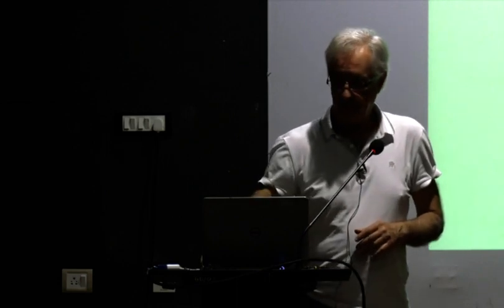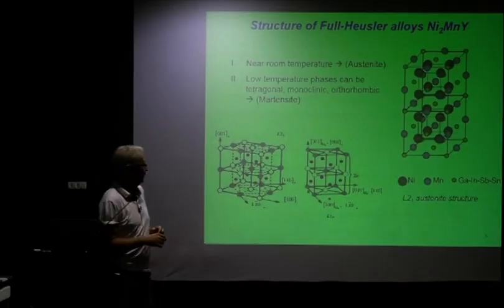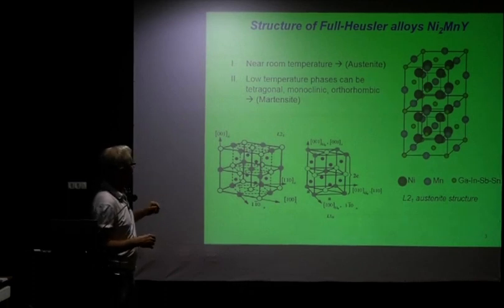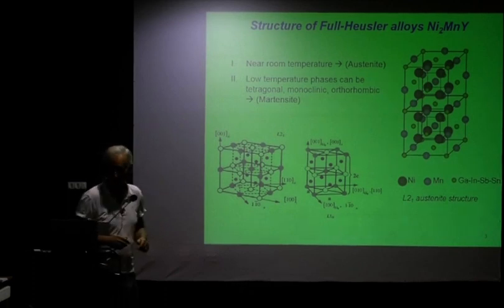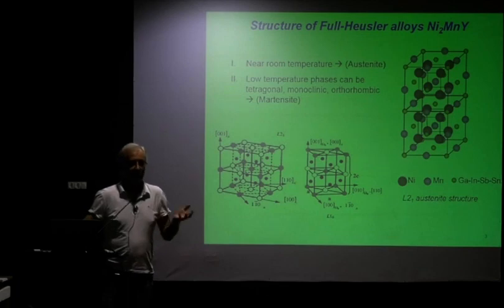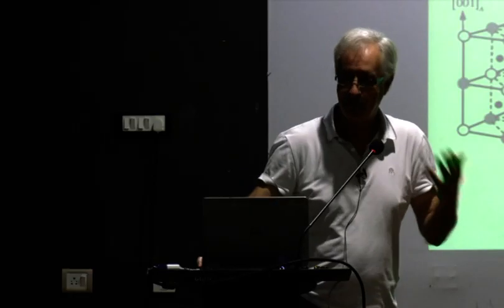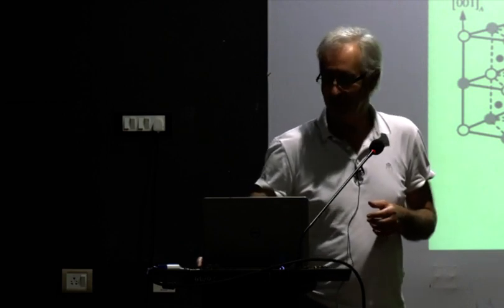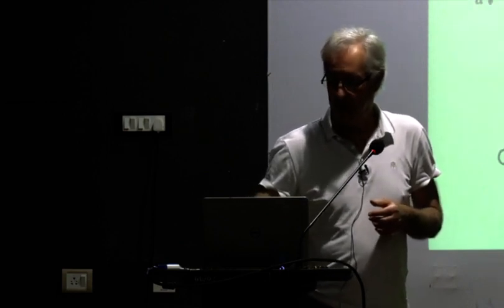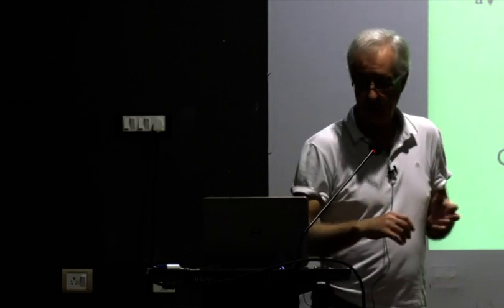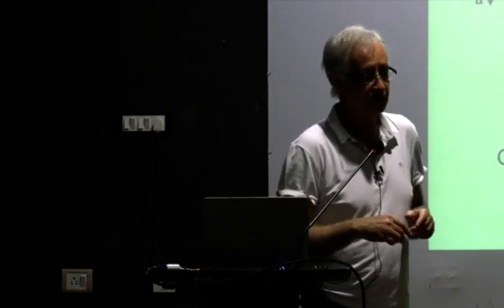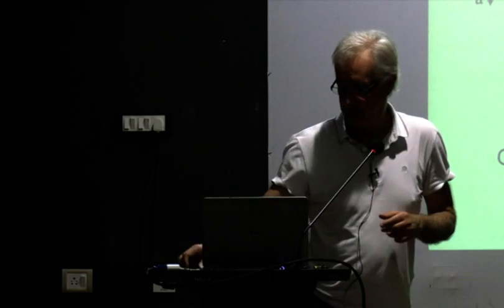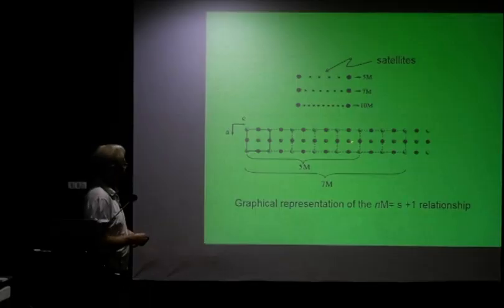Now, yesterday, while talking about intermartensitic transitions, we just briefly talked about our austenite-martensite states. Everybody in this audience is an expert on what is austenite and what is martensite. Normally they're two different structures. I tried to simplify things, so I added another slide over here.